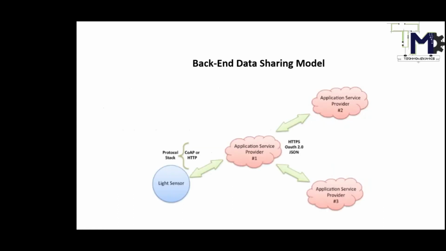Now let us discuss the backend data sharing model. What happens in the data sharing model? You can take the example of home automation here also. You have a light connected to a switch, and you have everything configured in your board.